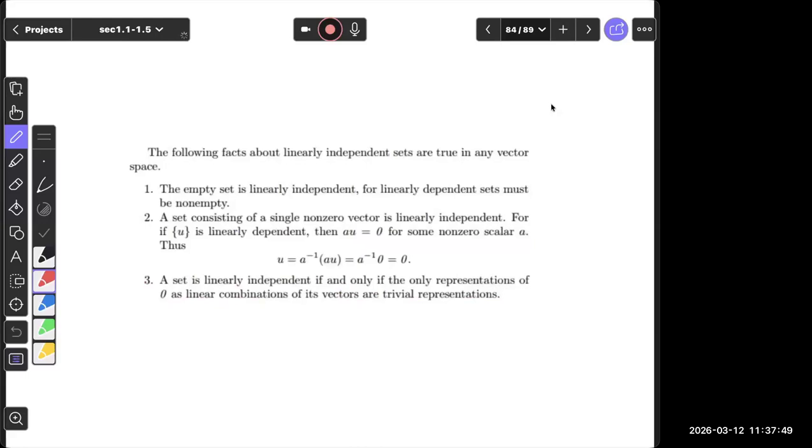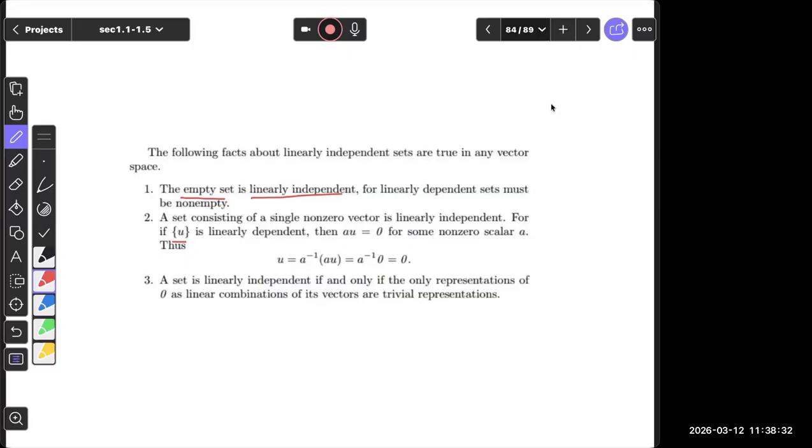So, the empty set: we assume that the empty set is linearly independent. And if a set consists of only a single vector, if the vector u is 0, then the set will be dependent, otherwise independent.